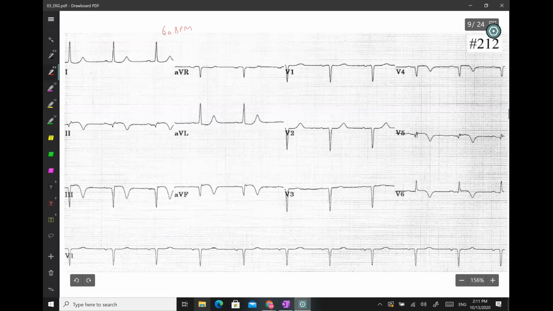If I look at lead number 1 is positive, and lead number 2 is negative, so it means the extreme left deviation. Correct. And since AVR is also negative, the range is between negative 30 to negative 60 degrees, I guess. Correct.